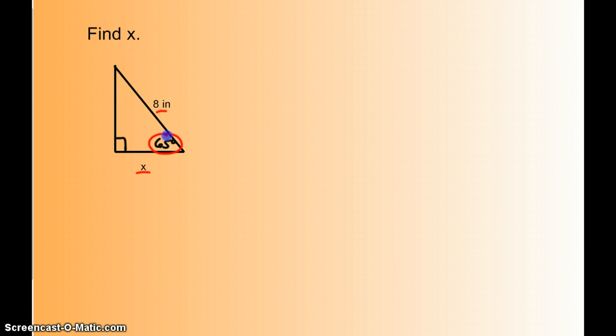We have an x and an 8, and that x is next to the 65-degree angle and not the hypotenuse, so that means it's adjacent. And 8, we have hypotenuse, so that tells us we have to use cosine, because cosine is the ratio of the adjacent side to the hypotenuse. That's the most difficult step for people that don't understand trigonometry, recognizing which ratio to use.